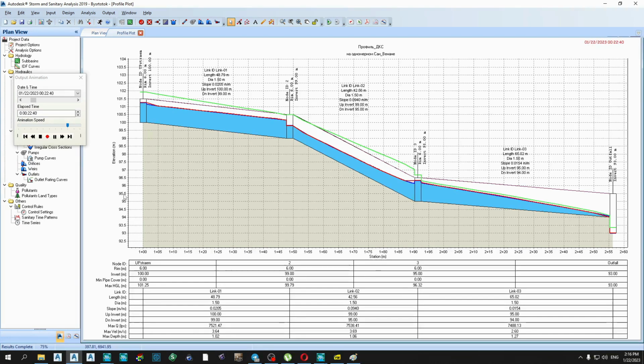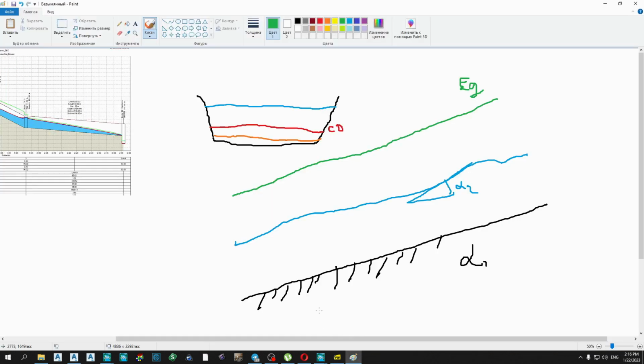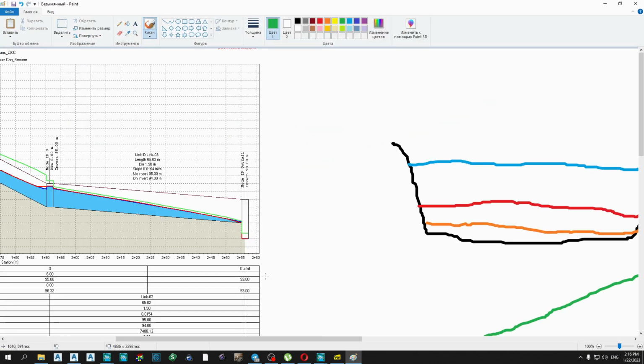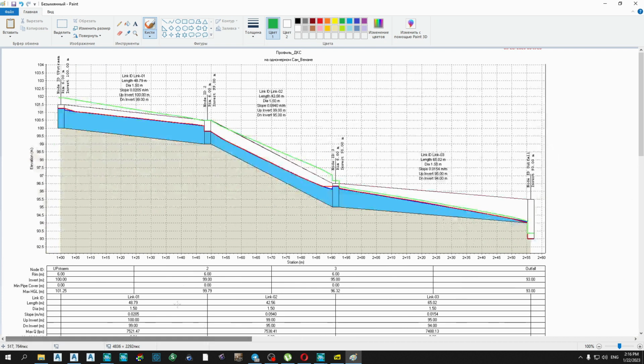Okay, I have to explain what's happening in this unsteady 1D Saint-Venant flow model. I need to say that this model is not the exact model of real physics. But we can imagine and we can draw our theoretical water surface.